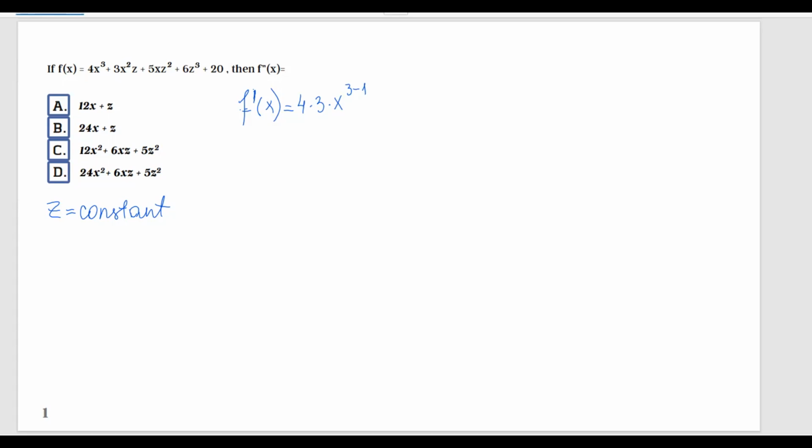This is the formula where the derivative of u to the power n is n multiplied by u to the power n minus 1. Then moving forward, we have 3x squared z. Remember, z is a constant, so I'm going to multiply 3 by z right away. And then we have x squared. I'm going to apply the same formula here: 2 multiplied by x to the power 2 minus 1.